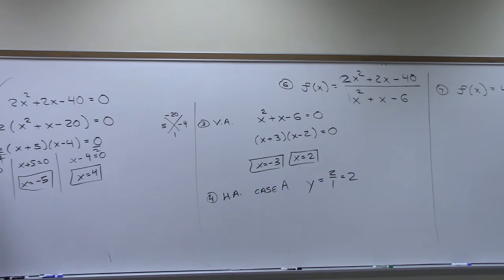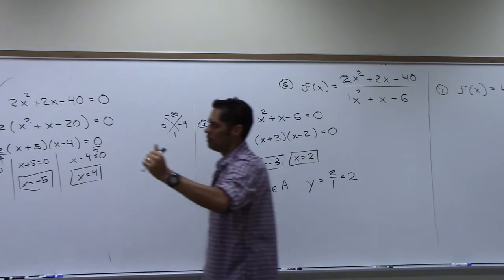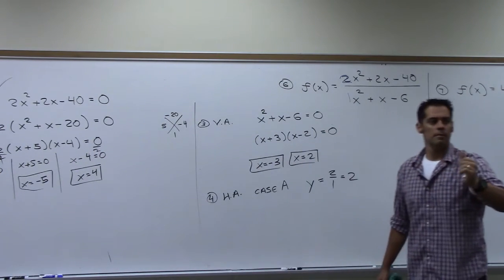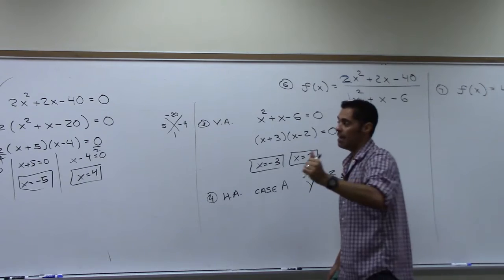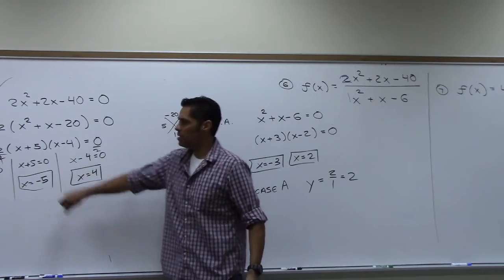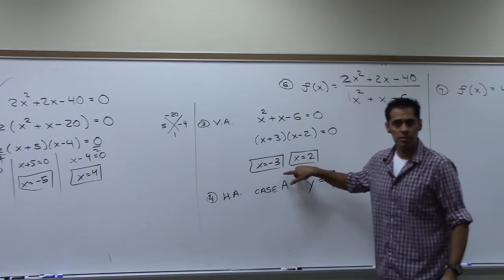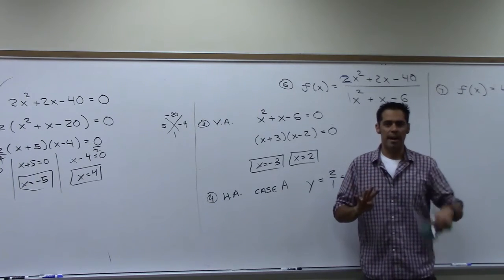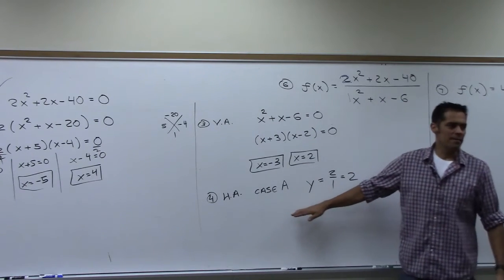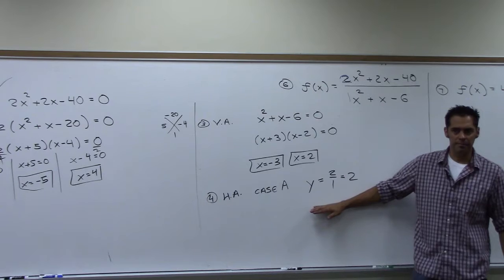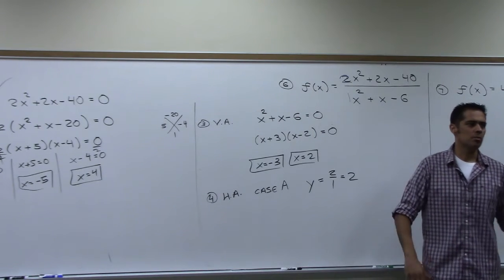How many test points am I going to have? 5. I have 2 x-intercepts. I have 2 verticals. That totals 4. Add 1 to that. The horizontals have nothing to do with how many test points you're going to have. That's just the rule of thumb.